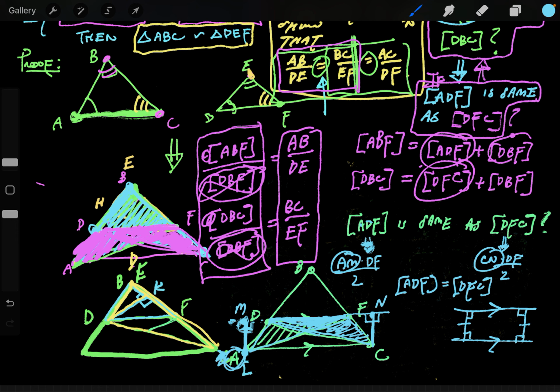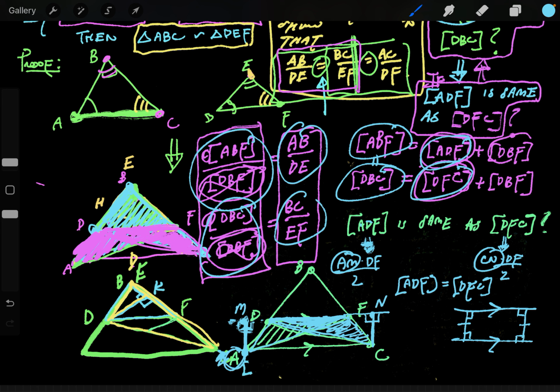And then this is the same as this, which means this is the same as this, and I've proven this equality here. Going back up the chain.